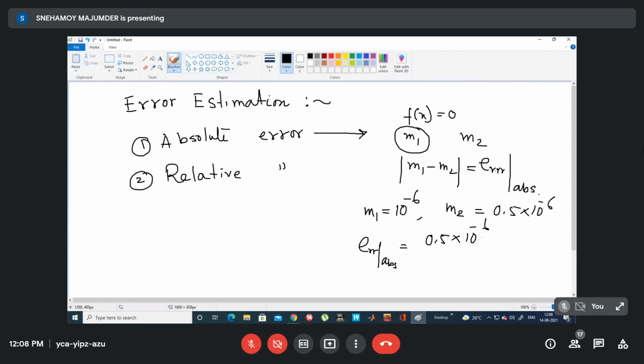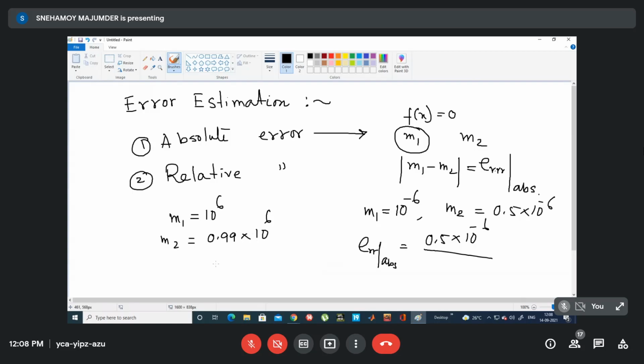And this is a very large value. It appears that 10 to the power minus 6 is small, but actually it is very large. Why? Say, another case, my M1 is 10 to the power 6 and my M2 is 0.99 into 10 to the power 6.